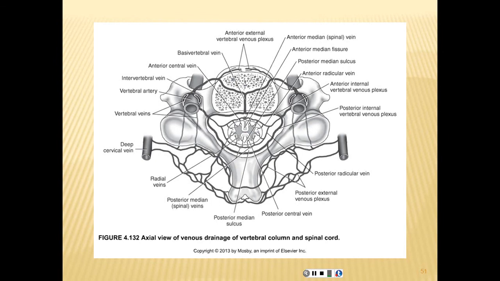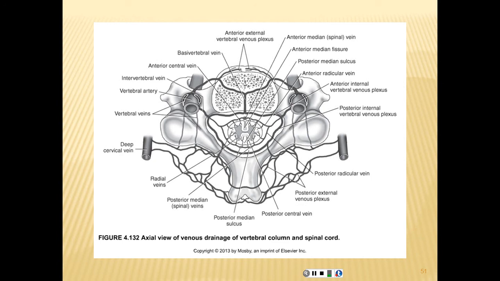The anterior and posterior median veins drain into the anterior and posterior radicular veins that parallel the ventral and dorsal roots, and eventually empty into the intervertebral veins that accompany the spinal nerves through the intervertebral foramina. You may have to go back over that, but it's important to understand.